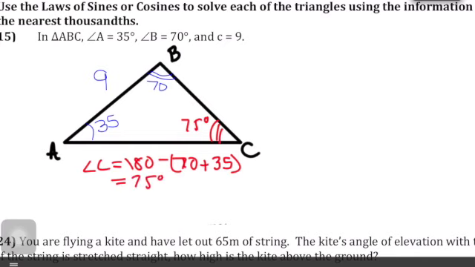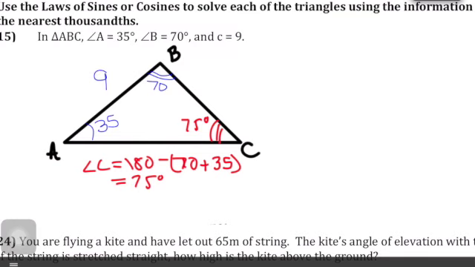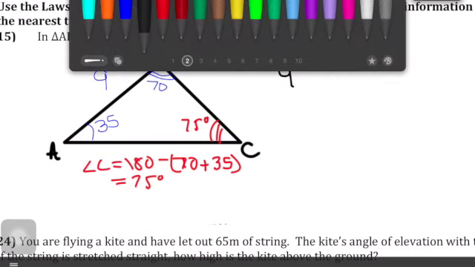All right, now that I have that angle done, which formula can I use? I would recommend the law of sines, because it's the only one you could use. So we have the sine of 75, since I'm given its opposite side, divided by its opposite side, 9, equals, now we have to figure out what we want to solve for.